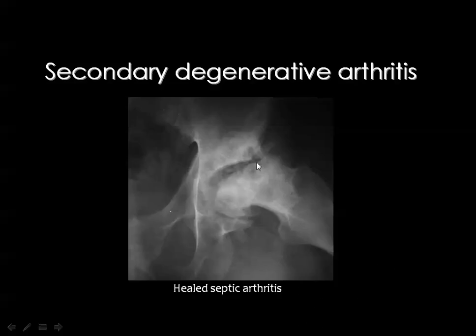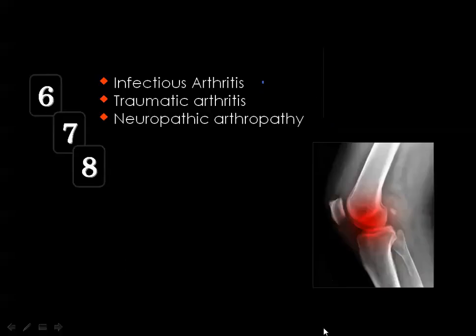And after healing, you got bone sclerosis, and you got osteophytic lipping of the articular surfaces. You may see some subarticular pseudocystic changes, but where the femoral head is totally collapsed or almost subtotally eroded or lost during the inflammatory process.